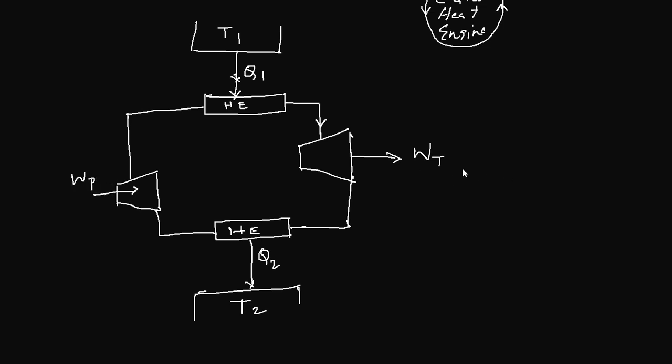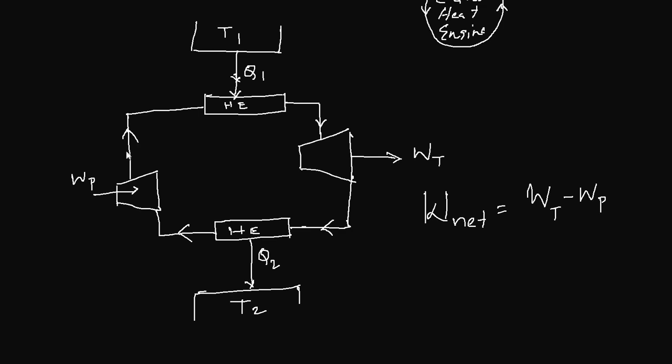The net work output from the reversible heat engine cycle will be the turbine work output minus the pump work, and your net heat input will be Q1 minus Q2. And because all the processes are reversible, you can see the flow is shown here in this direction.